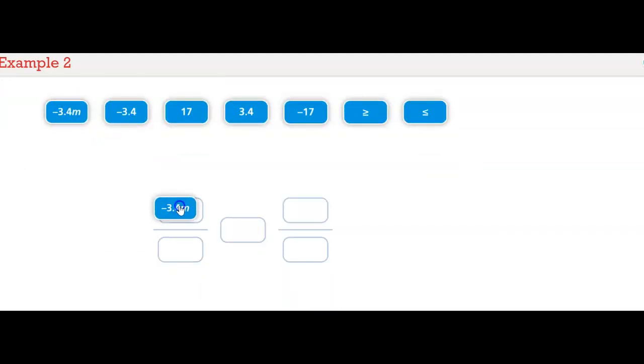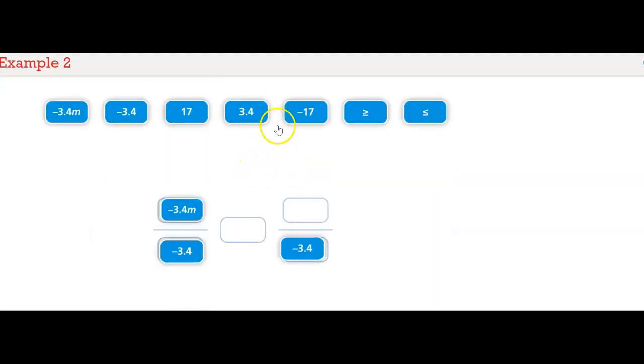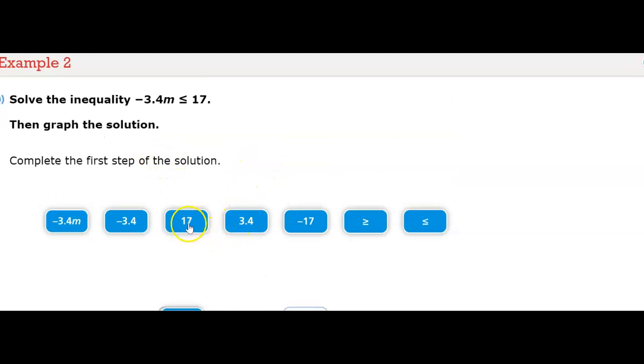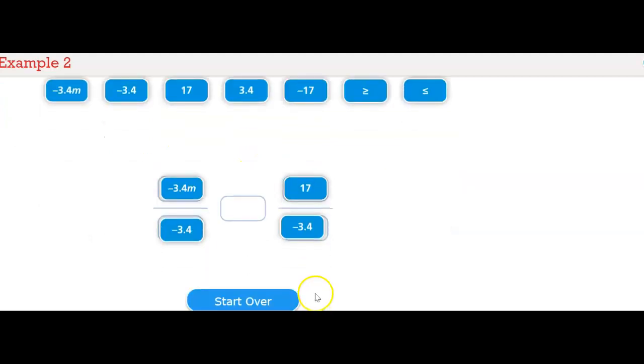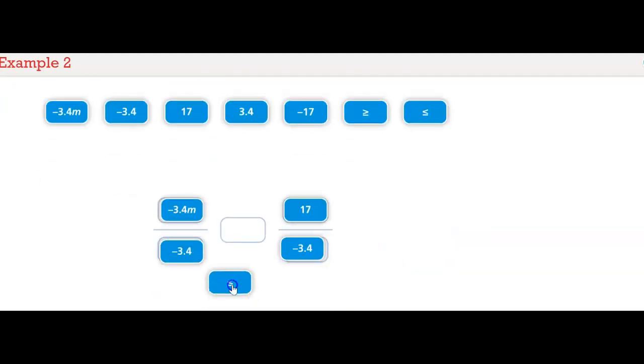Wait, 17 goes here. And then our symbol was the less than or equal to symbol.